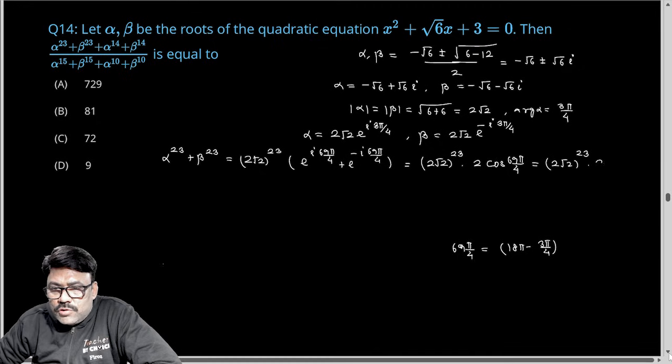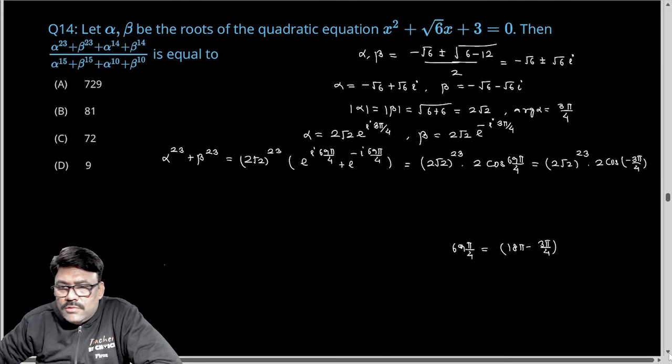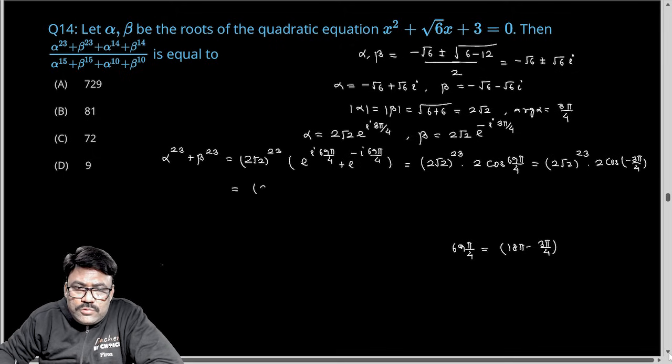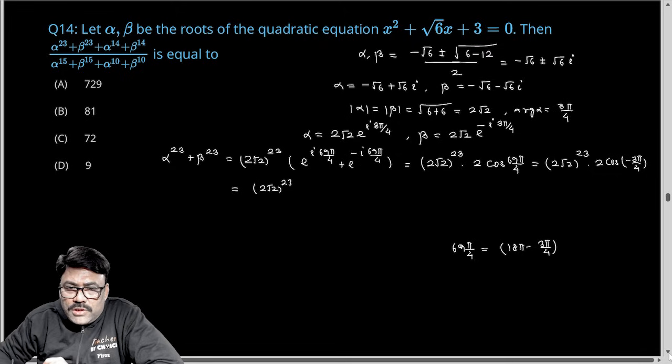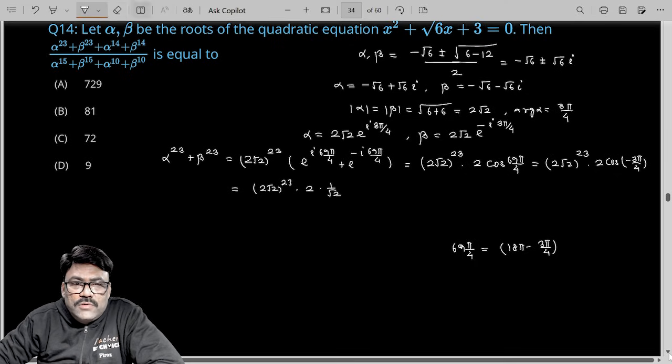So it is 2 cos 69 pi by 4, which is the same as minus 3 pi by 4 because 18 pi is an even multiple of pi, effectively 0. So it is 2 cos minus 3 pi by 4. Now it is 2 root 2 raised to 23 times 2 cos of minus 3 pi by 4, which is the same as cos of 3 pi by 4, that is 1 by root 2.